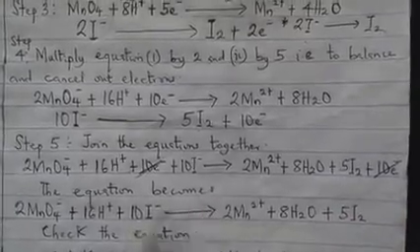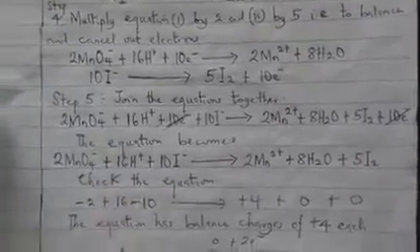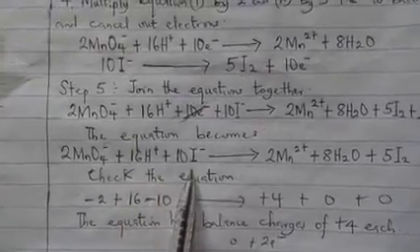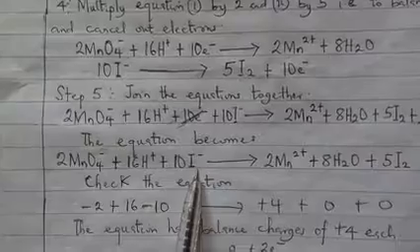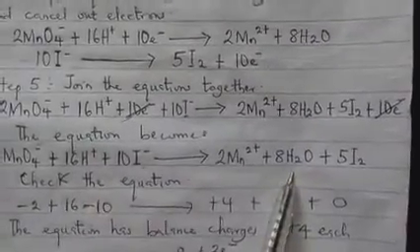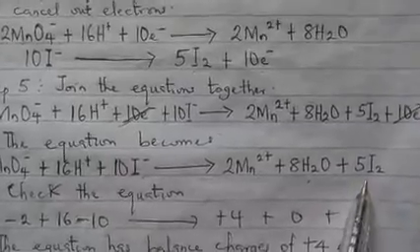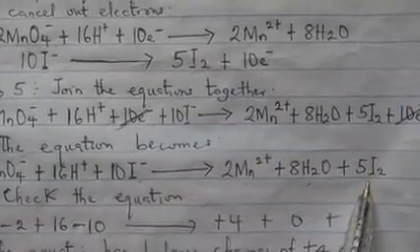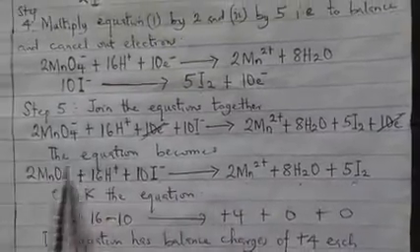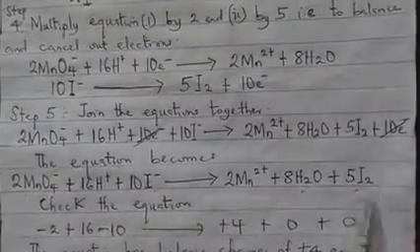So the equation will now become 2MnO4 minus plus 16H plus plus 10 iodide ion to give us 2Mn2 plus plus 8 molecules of water plus 5 iodine molecule. That means we have cancelled out the electron.